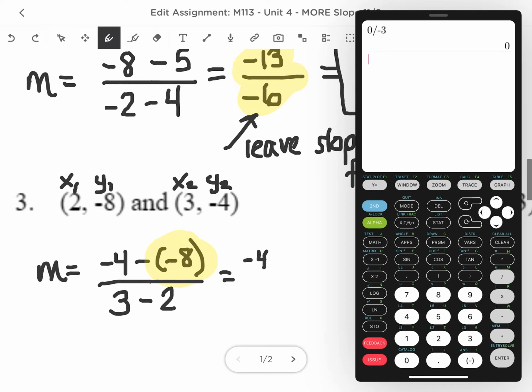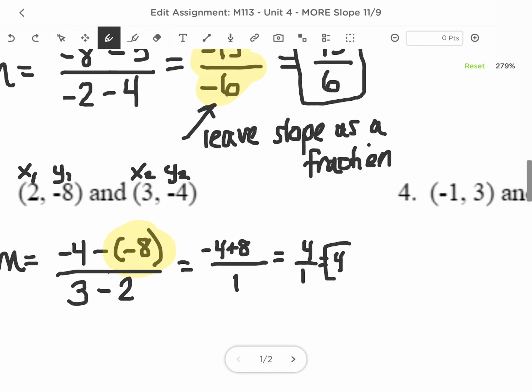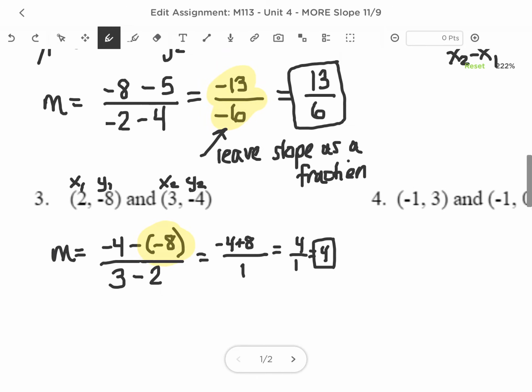So this gives me 4 plus 8 divided by 1, which equals 4 divided by 1, which I'm just going to write as my slope equals 4. You can always use your calculator if you need help doing some of the adding and subtracting. That's not a bad thing to check your answers.